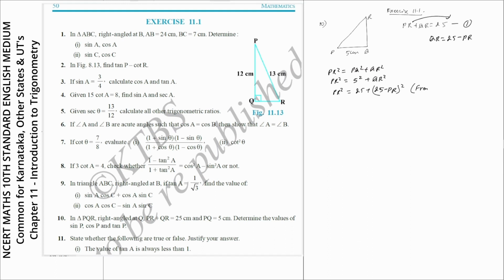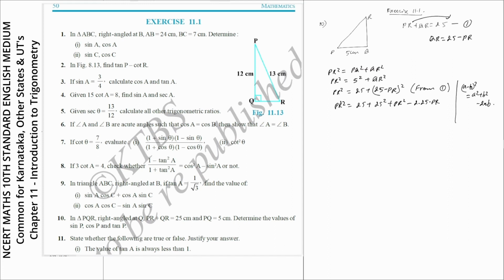Here I'll expand this one, using the formula (A minus B) the whole square is A square plus B square minus 2AB. So PR square is equal to 25 plus 25 square plus PR square minus 2 into 25 into PR.